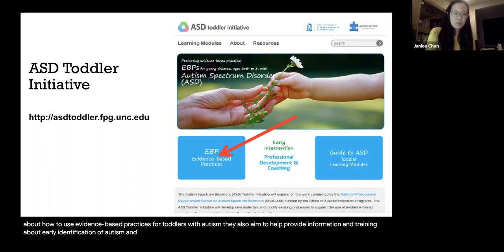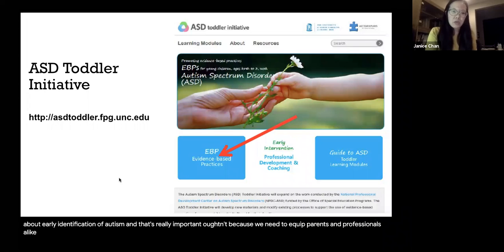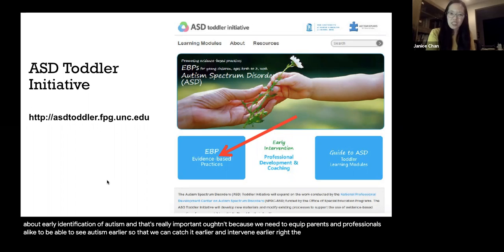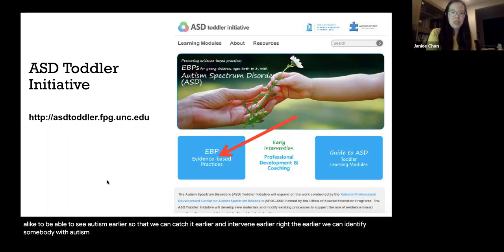That's really important because we need to equip parents and professionals alike to be able to see autism earlier so that we can catch it earlier and intervene earlier, right? The earlier we can identify somebody with autism, the earlier we can start giving them access to treatment that can help with some of these core symptoms.